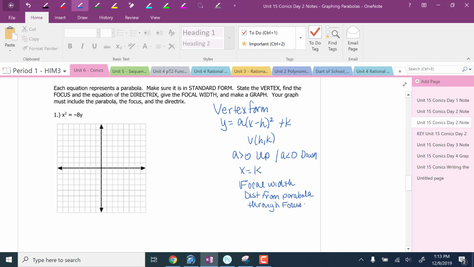And here that would be a horizontal distance. And my focus, when I'm talking about being up or down, is at h comma k plus p.